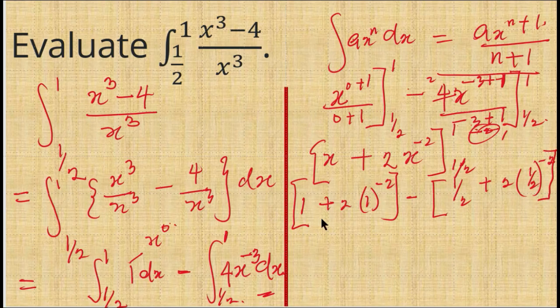So that 1 plus 2, 1 raised to power minus 2 is just 1. So 1 times 2, that's 2. And close this way. Then let's expand this. This will be half plus, now this is 2, and this is minus 2.